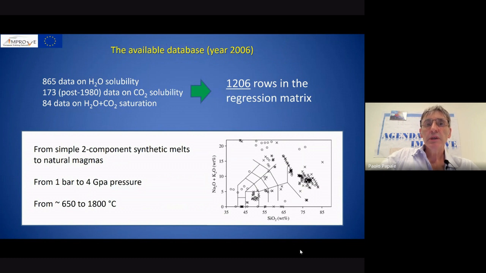The figure here shows that such a variability is well represented in the database. Besides that, the pressure and temperature ranges of the data are also wide, extending much beyond the conditions for most applications of volcanological interest.